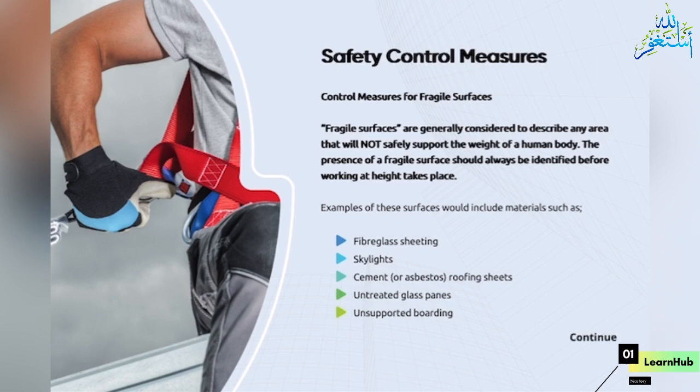Examples of these surfaces would include materials such as fiberglass sheeting, skylights, cement or asbestos roofing sheets, untreated glass panes, unsupported boarding.